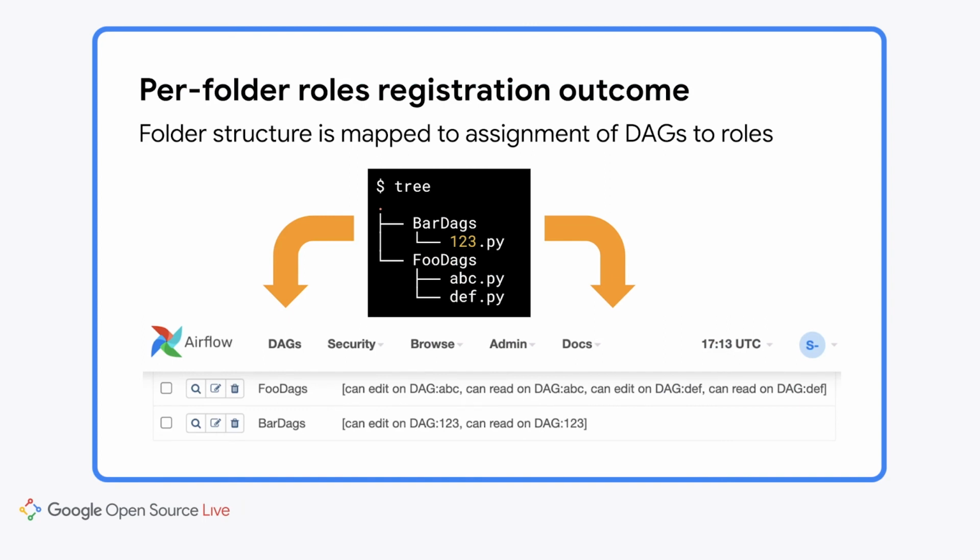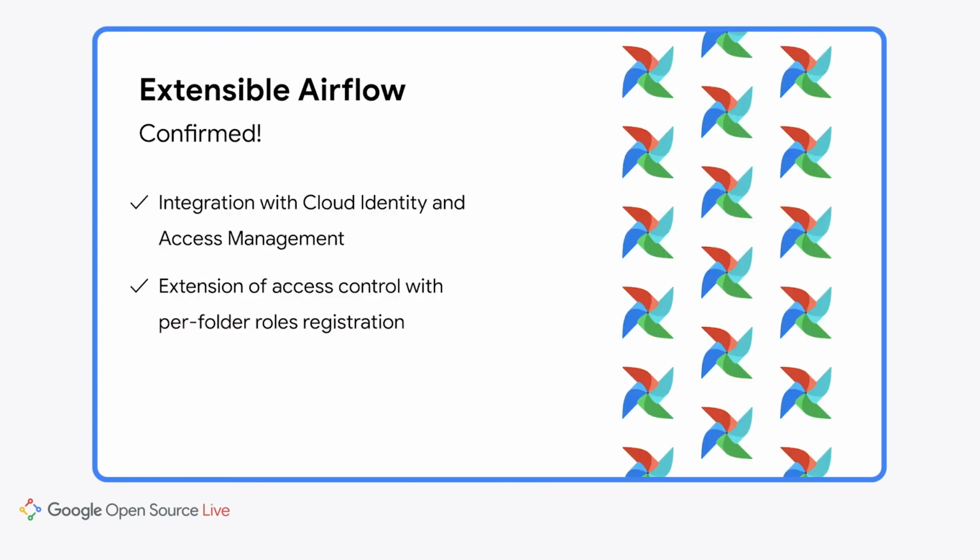This way you can, for example, streamline the scenario of multiple groups of people in your team working on different DAGs, so that each of them can only see the DAGs relevant to them, effectively decluttering the view in Airflow UI. To summarize, I believe we demonstrated that Airflow is extensible, also in the more advanced area of role-based access control.